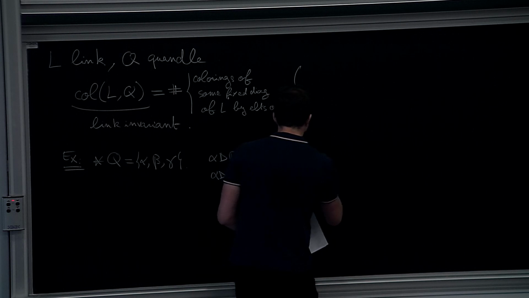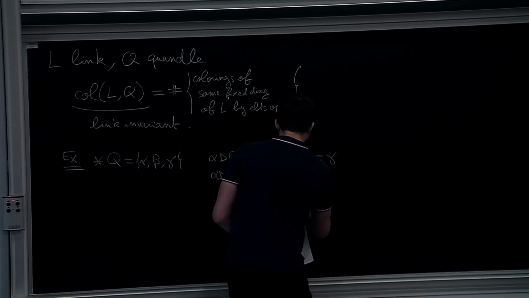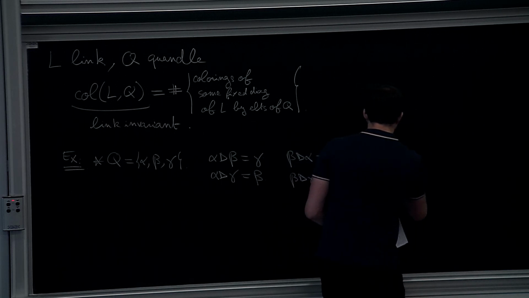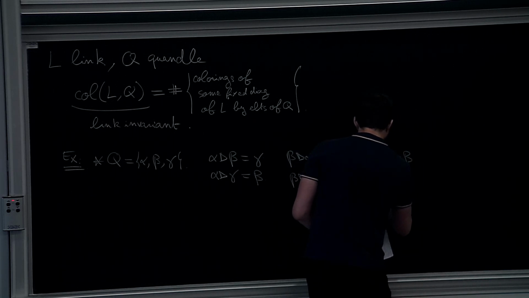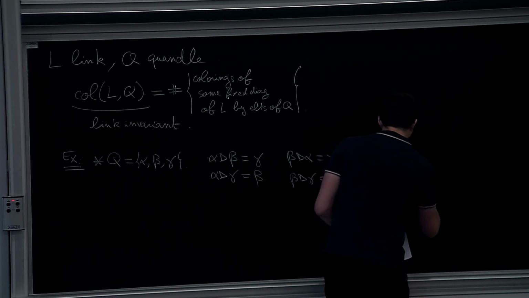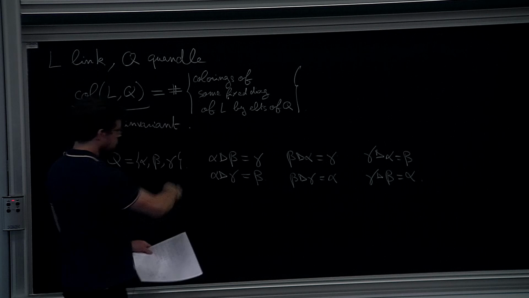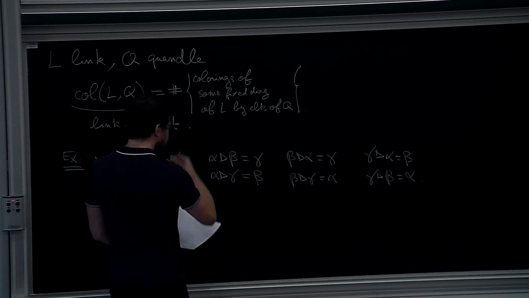So beta sends alpha to gamma, and beta sends gamma to alpha, and then gamma sends alpha to beta, and gamma sends beta to alpha. And on themselves, there is the idempotence axiom to complete this picture. And so this is a quandle law.